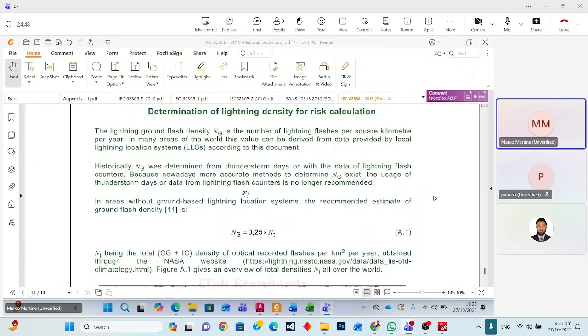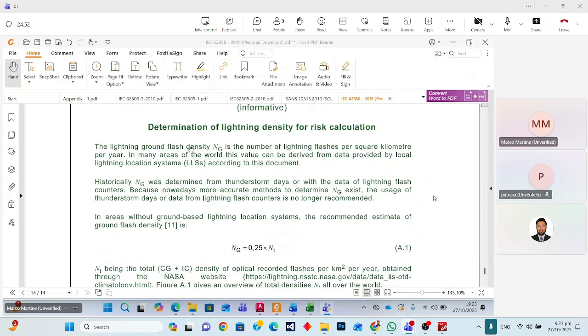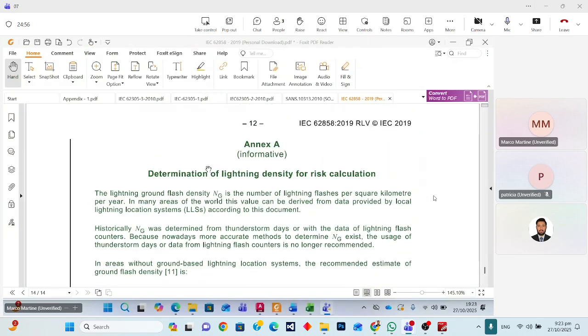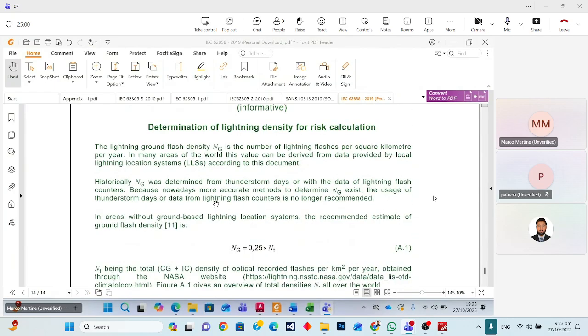Mr. Marco, I already explained that this standard, 62305-2, will be somehow changed in 2023 or 2024. Some changes are done in the risk assessment formulas.